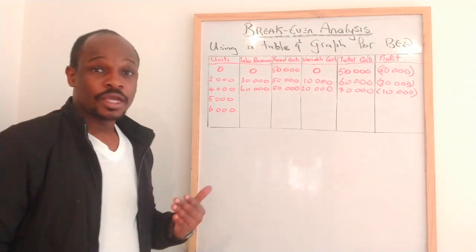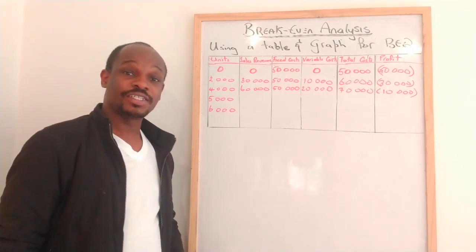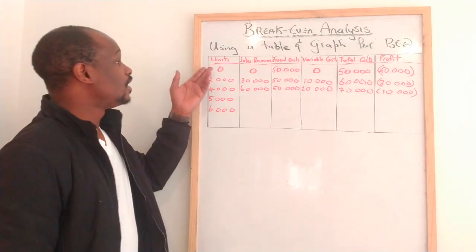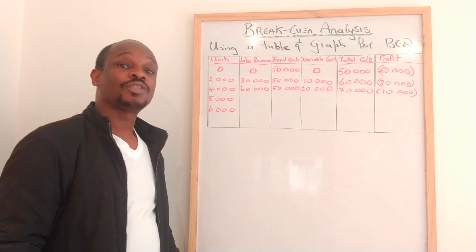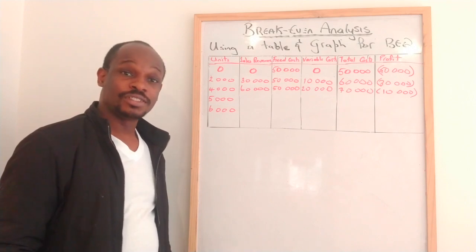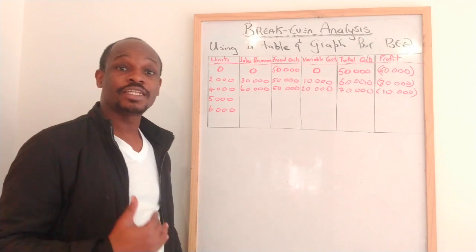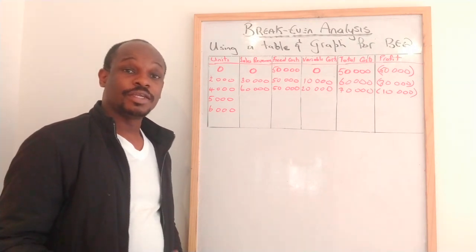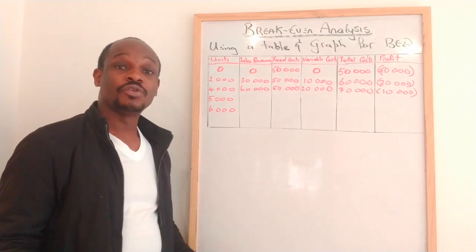Now, there are some assumptions in break-even. When we're calculating break-even, we're saying that all the goods that we would have produced are actually sold. That's one assumption. There's also the assumption that the variable cost is proportionate with the amount of goods we produce.